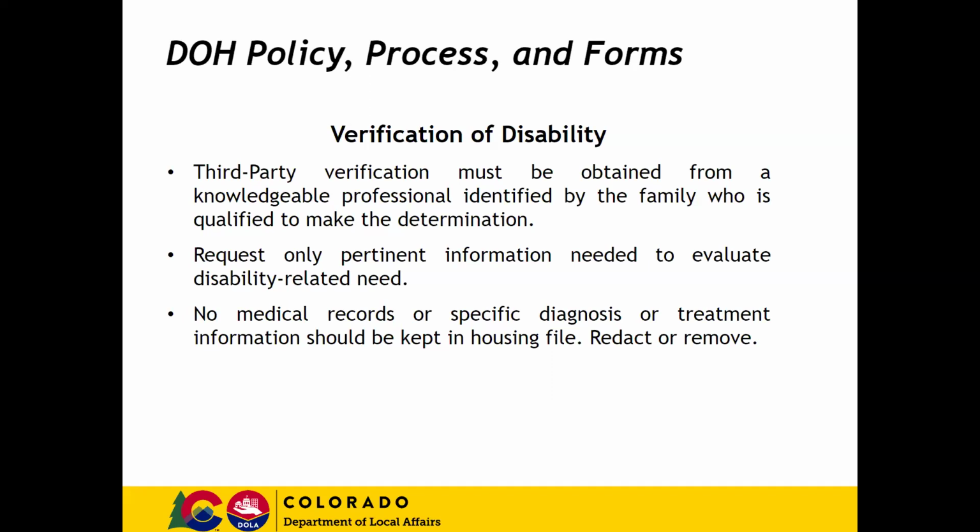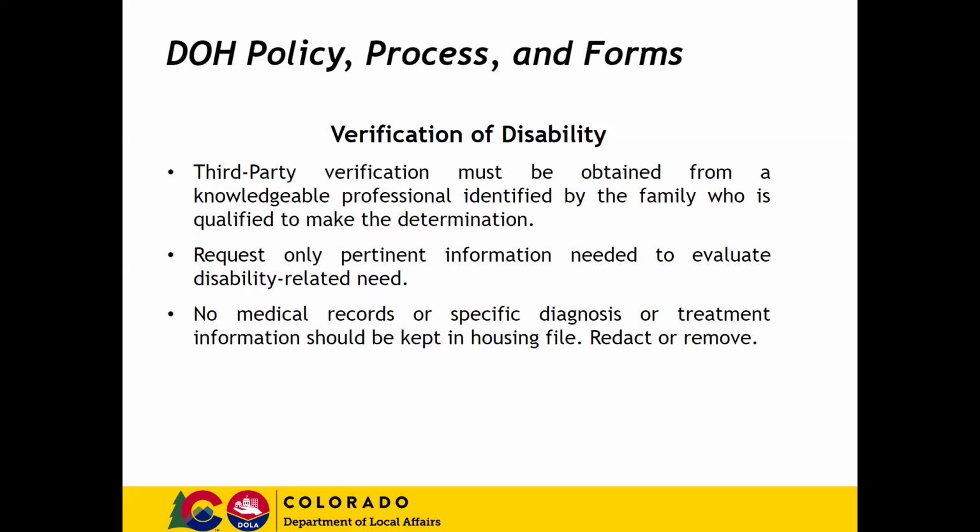We are updating our administrative plan, effective May 1st of 2024, so that if the knowledgeable professional works for your agency, for example, they are not somebody who works to directly administer the housing voucher for the participant. That's been shown to be a conflict of interest in some cases. So we do ask that that third-party verification comes from someone who's not directly administering the vouchers for the household.